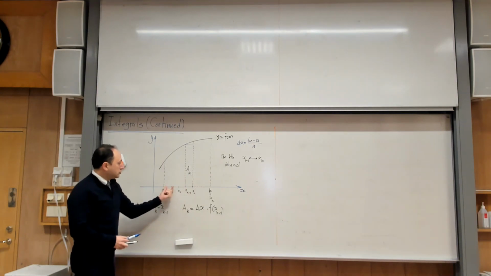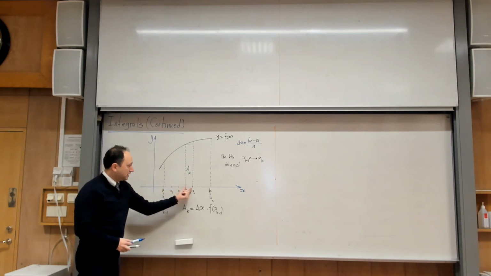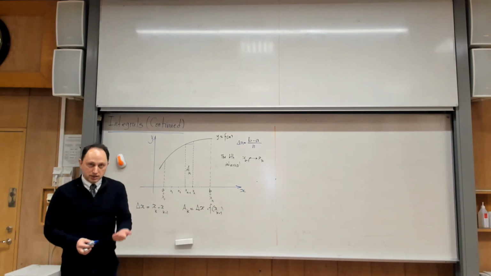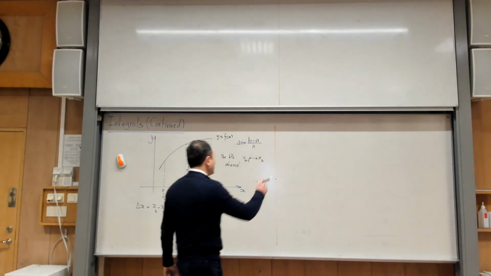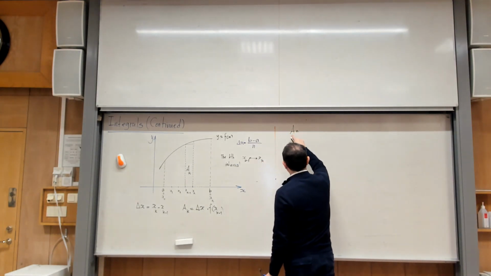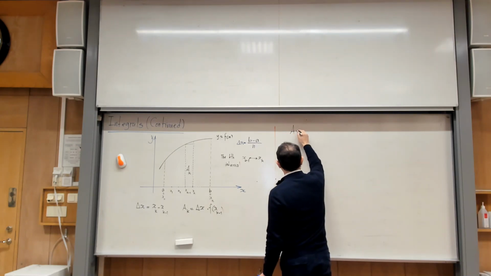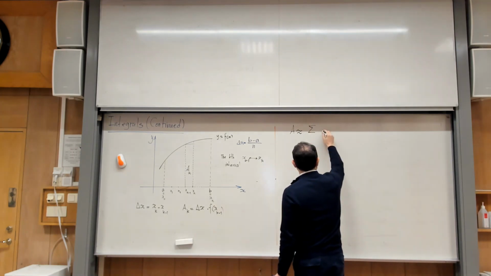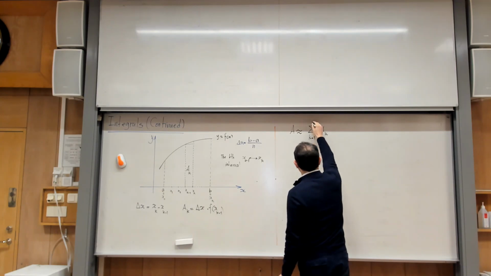If I start calculating the area of each one of these rectangles and add them up, it becomes approximately the area below the curve. Yes? So if I consider A to be the area below the curve, this is my target, it is approximately equal to sigma of all these areas, k goes from 1 to n.